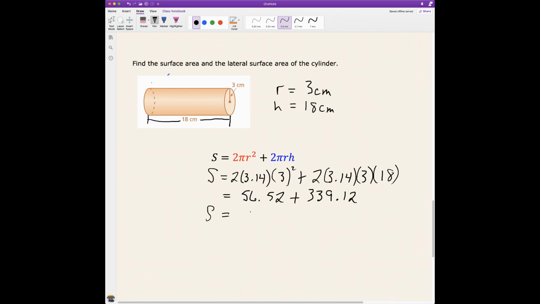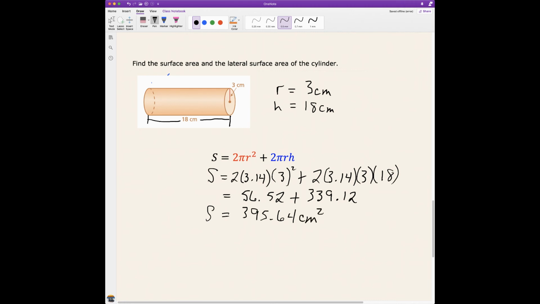And when we do, we get a final answer of 395.64 centimeters squared. There you go.